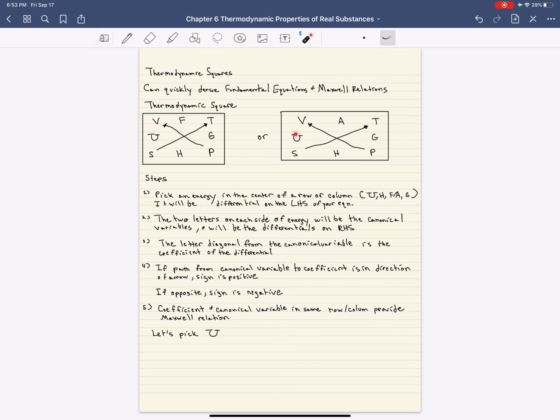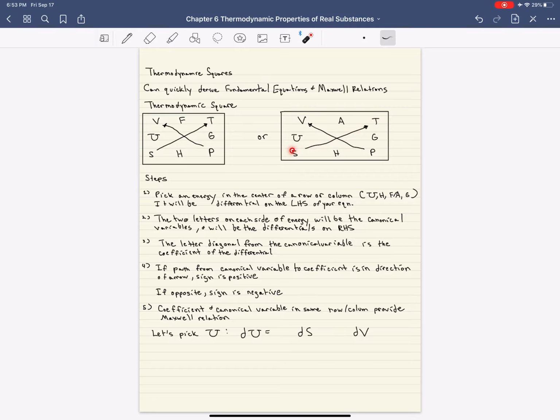If I zoom out, we pick U, and on the left-hand side of the equation we would write dU. Flanking U are V and S, so we would write S and V in the differentials. From each of these canonical variables, we follow the arrow directly diagonal to find the coefficient.